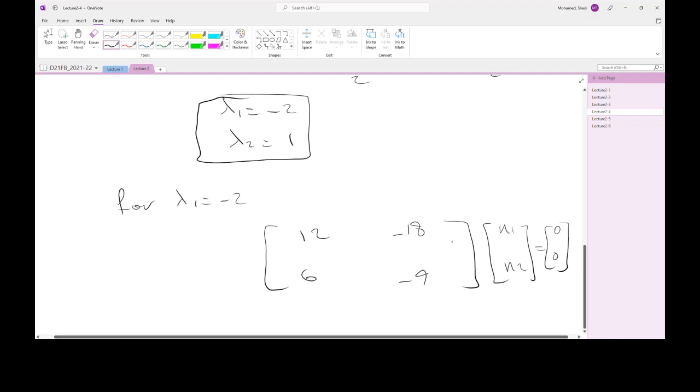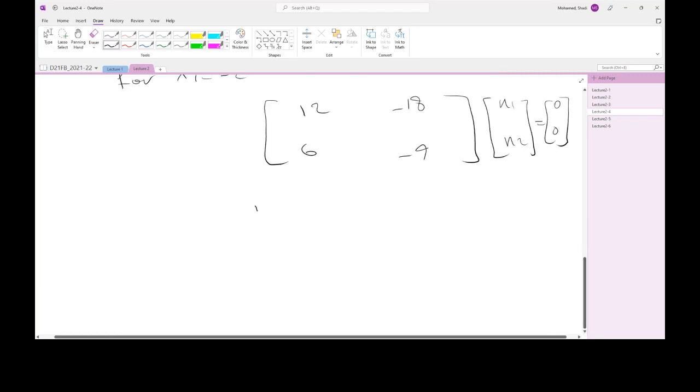Now if you look into these two equations, you'll have two simultaneous equations to solve. So you'll have 12 n1 minus 18 n2 is equal to 0, and 6 n1 minus 9 n2 is equal to 0. And if you look into that, it's basically the same equation. I just multiply this with 2, you will get this equation. So it's basically the same equation repeated twice.